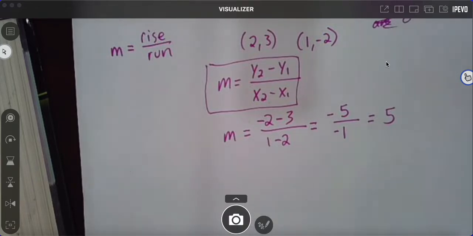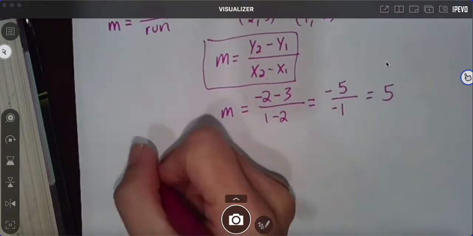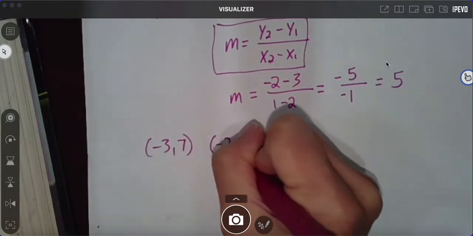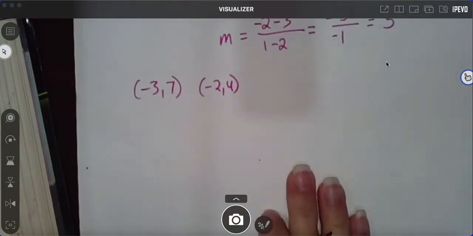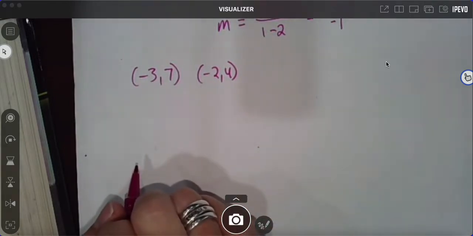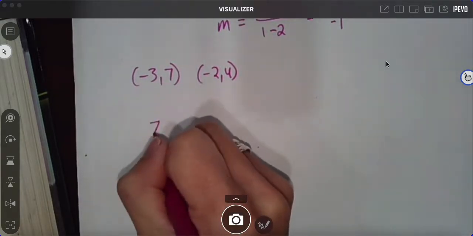Do y'all remember this? All you do is subtract your y's, subtract your x's. So let me do a couple. If I had -3, 7, and -2, 4. So I'm going to subtract my y's. I don't care which one you start with. 7 minus 4.